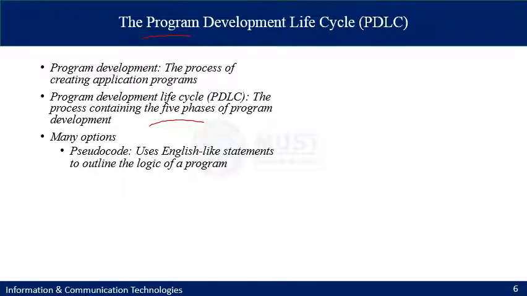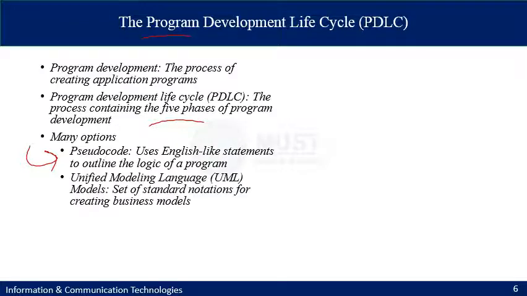As you have seen in the previous slide, one way to represent one of the phases, the coding phase, is to use pseudocode, which uses high level language such as English-like statements to outline the logic of the program.